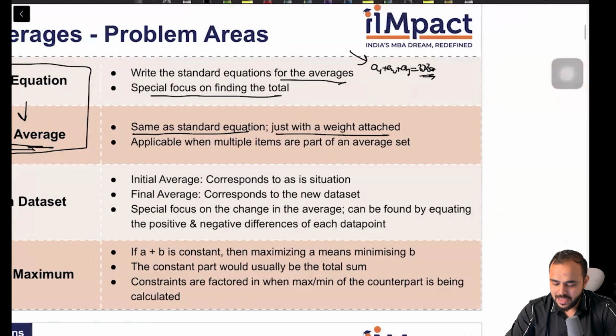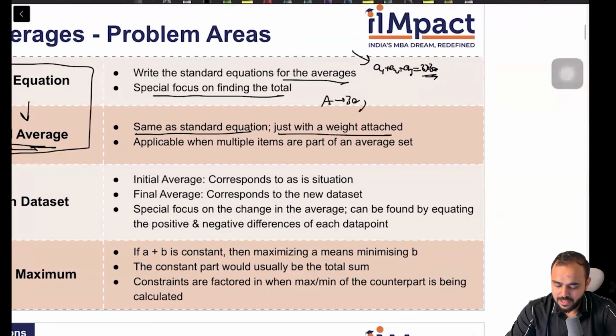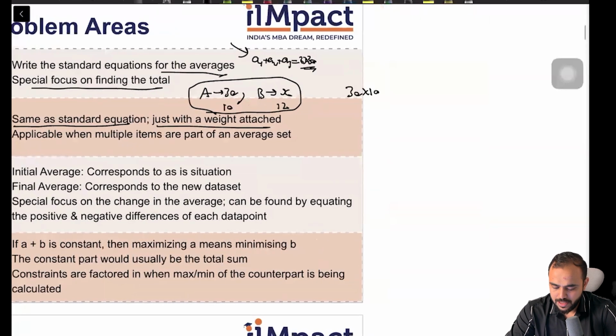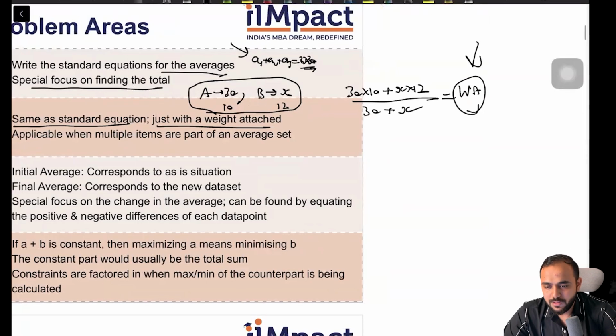So if they say that section A has 30 students and section B has x number of students and their scores are 10 and 12, and then they say something about the average score of all the students, then you will write 30 into 10 plus x into 12 divided by 30 plus x is equal to the weighted average on which they would have given the information.